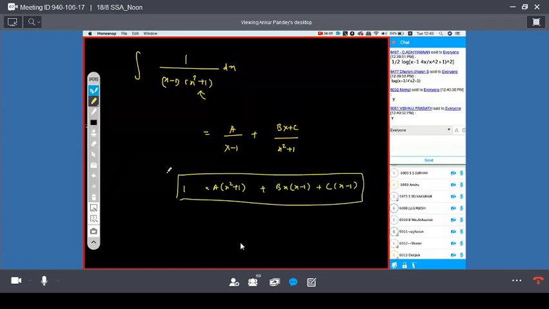We are here at the rough patch, right or not? Okay. When we put x equal to 1, we get a equal to 1 by 2. Yes or no? When we put x equal to 0, we get 1 equal to a minus c. You know very well that a is half. So c is going to be minus half. Yes or no?